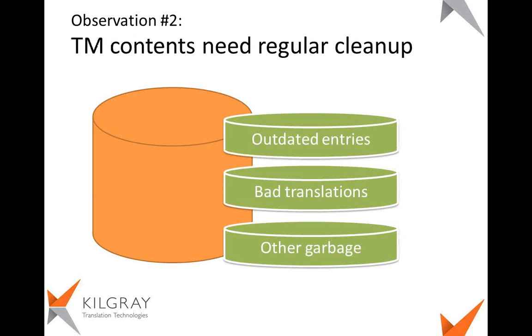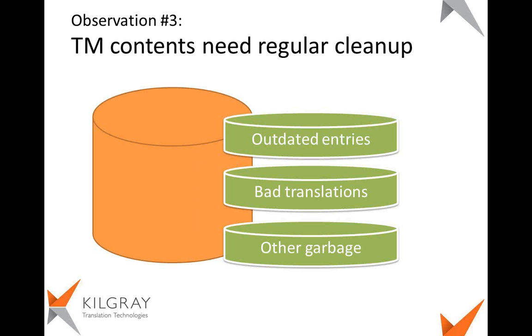And our third observation was that the translation memory contents need regular cleanup, quality assurance, reviewing, editing, all sorts of these things, because there are outdated entries that are not in use, shouldn't be used anymore.